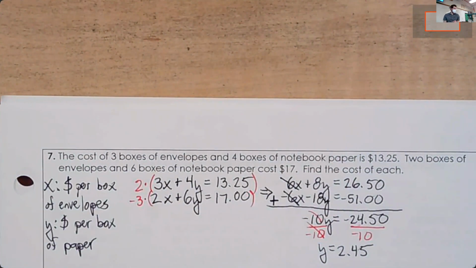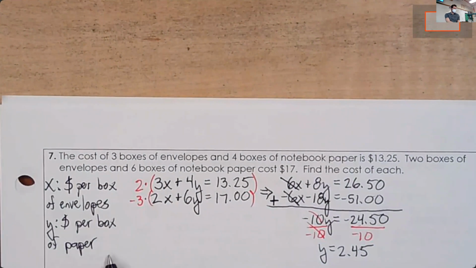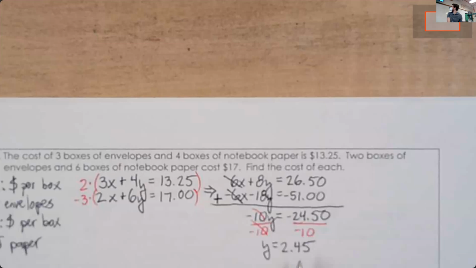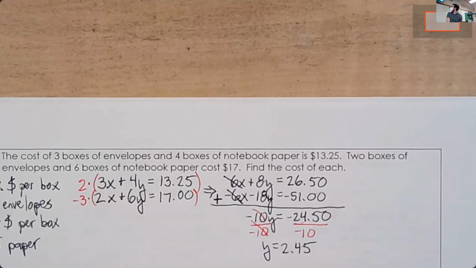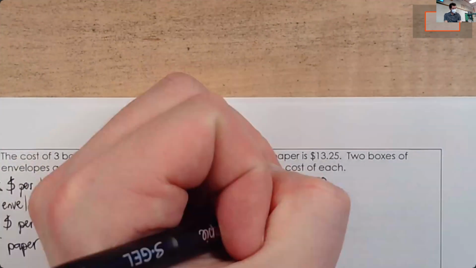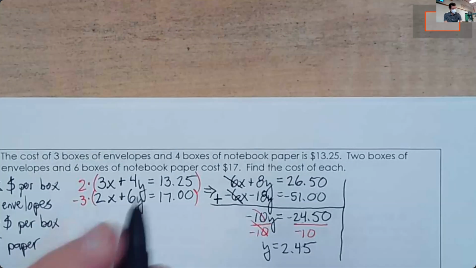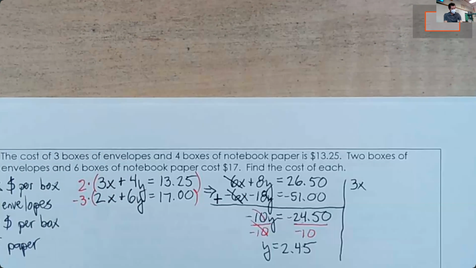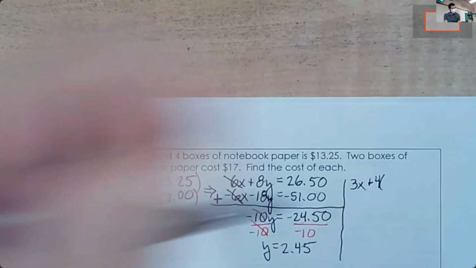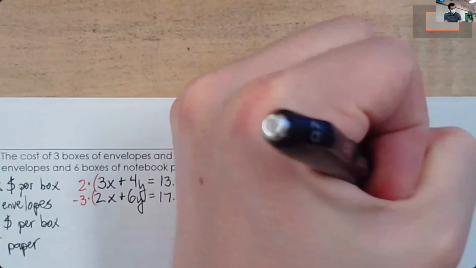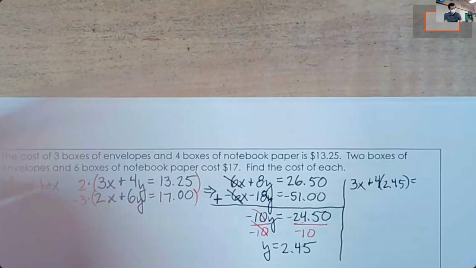Which means that each box of notebook paper costs $2.45. Now we need to figure out the cost for a box of envelopes. And so we're gonna have to plug in y back into one of our original equations and then solve for x. Let's just go ahead and plug that back into the first equation. So that'll be 3x plus 4 times y, which is 2.45, equals 13.25.